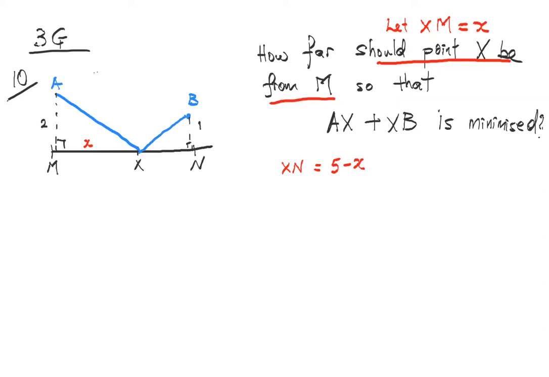So I want the total length, right? So I let L(x) be equal to AX plus XB, the pipeline. So how to get AX? If you see a right angle triangle, Pythagoras theorem. You want to find the longer one, correct? The square root of the sum of the squares of the two shorter ones.